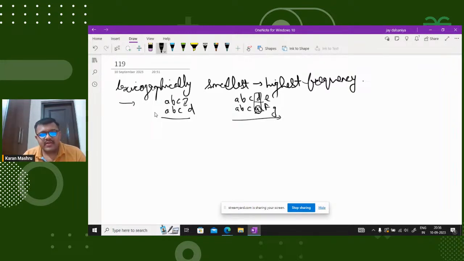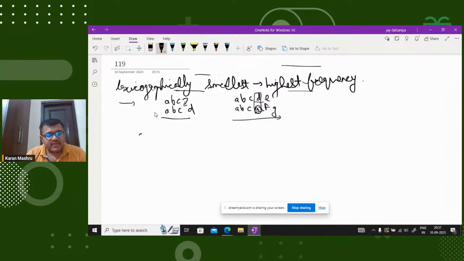Now we are told that we need to find the lexicographically smallest string which also has the highest frequency. Understand one thing.